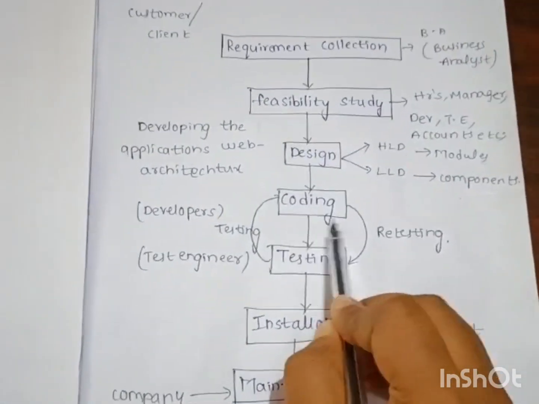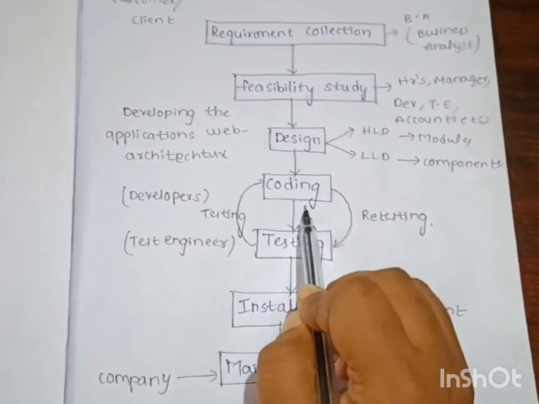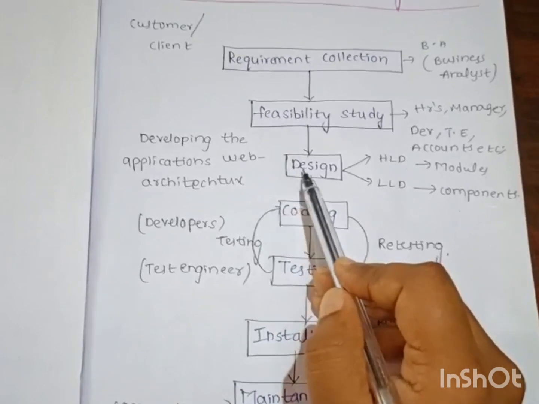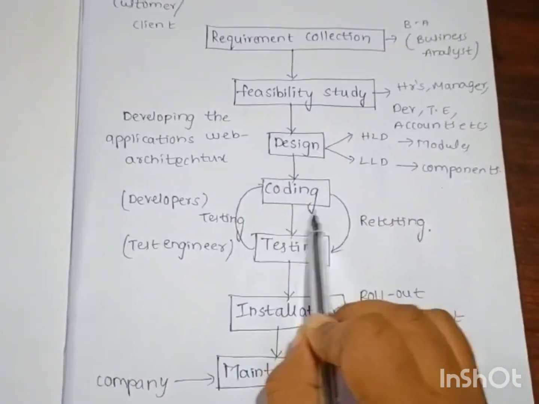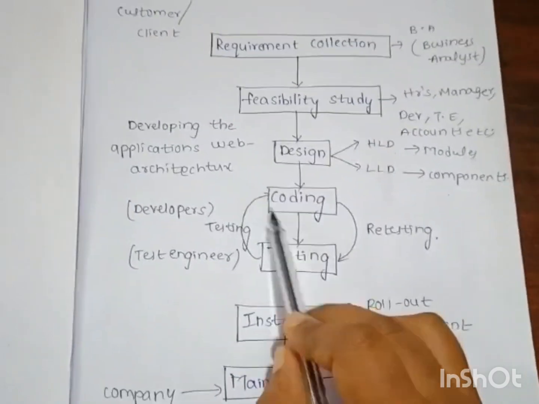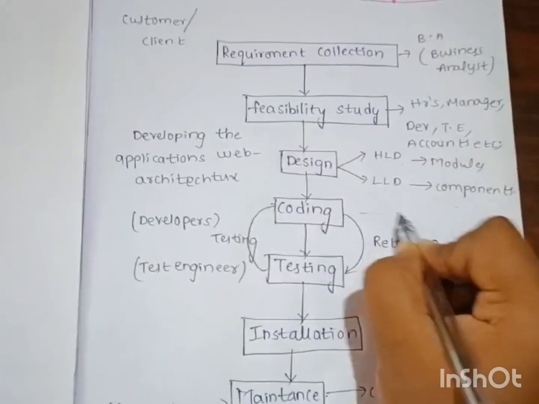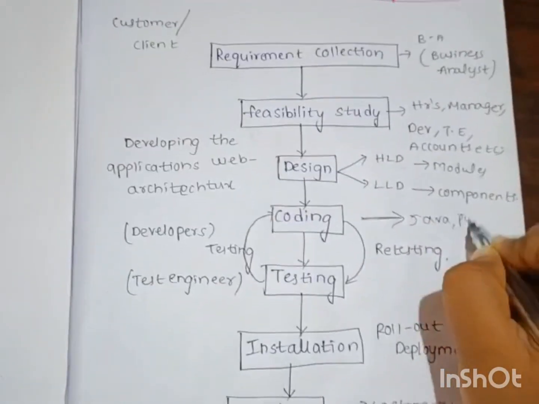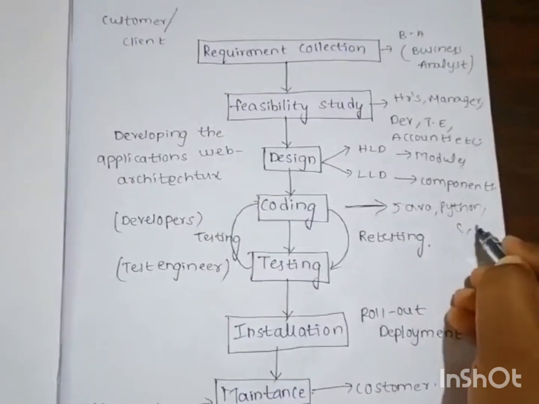So the next phase is coding. As we know, what is coding? Based on the design made in the previous phase, developers will start writing the code using a particular programming language, and that programming language can be Java, Python, or maybe any language, or C, C++.